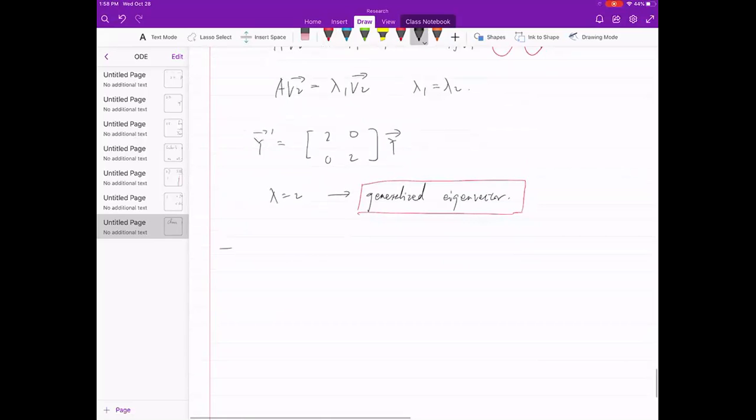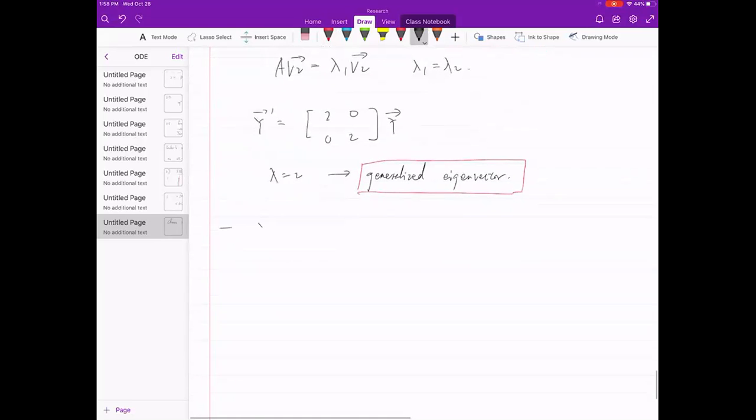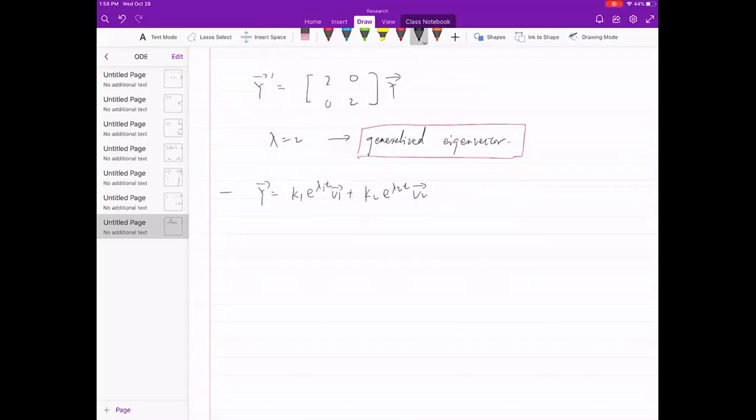Second, this gives us something even more interesting. For linear systems with constant coefficients, you can always find eigenvalues. That means your solution always looks like this. What is this?